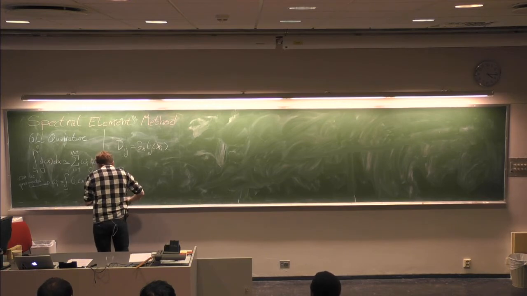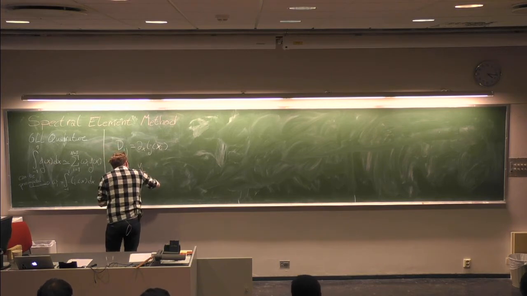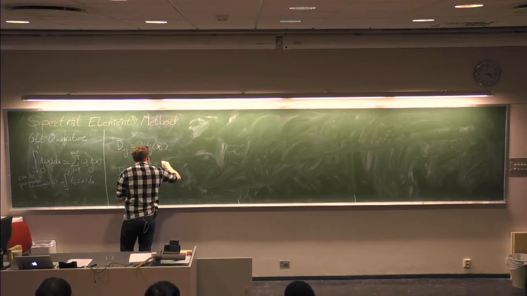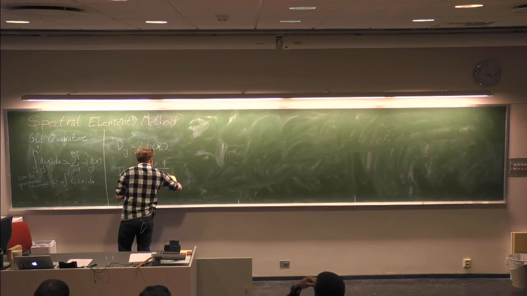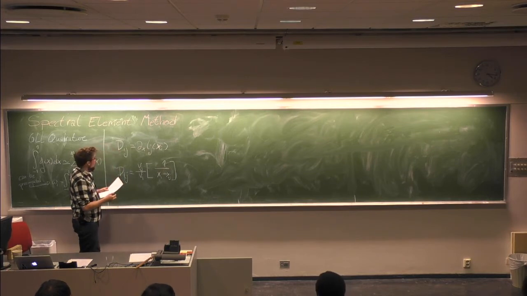So D_ij is some constant B_j, which you can also pre-compute over i, times 1 over (xi_i minus xi_j).